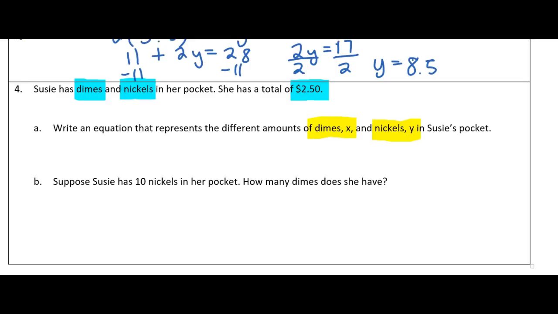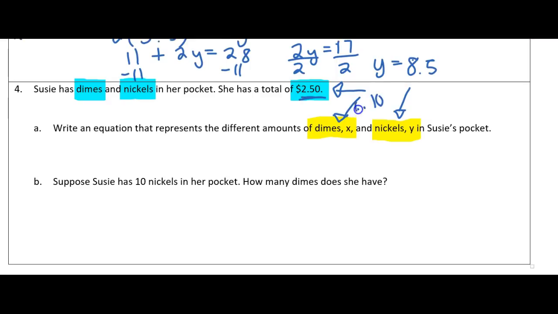Now, this one doesn't actually explicitly say what our rates are in this problem when we're looking for the rates. But what we do here, since our total is given in amounts of money, we have the totals or our rates for these in money. So a dime is worth 10 cents. If I have it written in dollar formation, my dime would be 0.10.